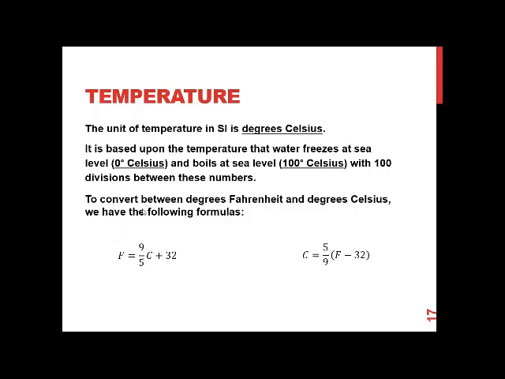So we can convert between Fahrenheit and degrees Celsius. We have the following formulas. Fahrenheit is going to be 9/5 of whatever your Celsius is, and then you'll add 32 to that number. To convert from Fahrenheit to Celsius, we'll take Fahrenheit minus 32 degrees, and then multiply that by 5/9.